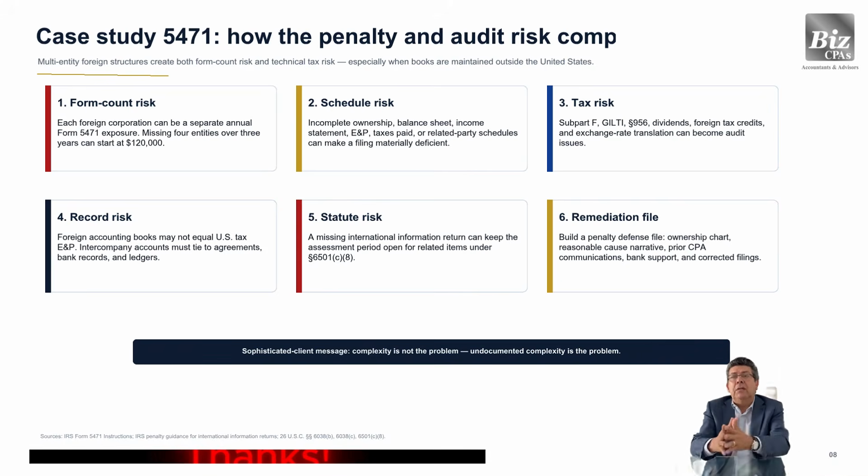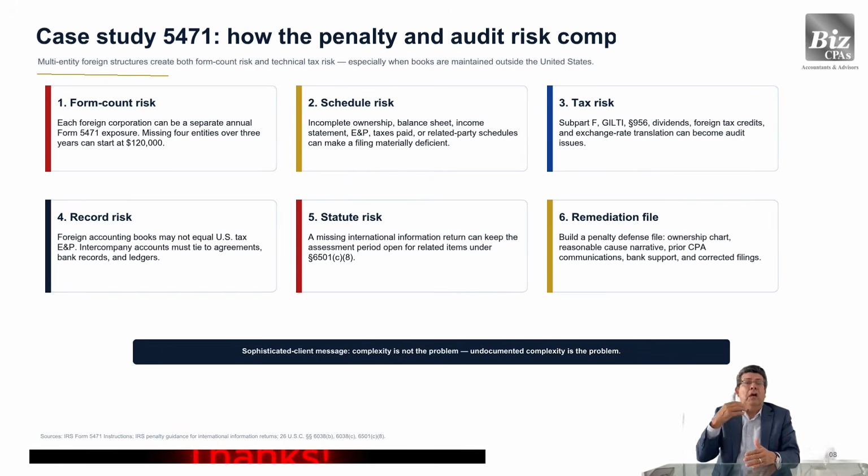There are also some of the forms that need to be filed, like the GILTI, maybe depending on the country and on the taxes, there may be a tax to be paid here by the U.S. person. Usually when a country has a lower tax rate than the United States, they may have to pay taxes on it. They may have to report dividends.